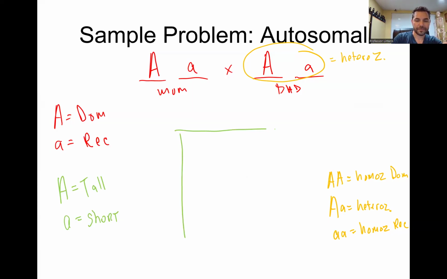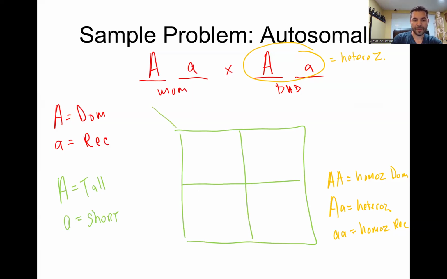So the mother would be tall. The dominant allele always makes a protein, thus she's making a protein and she will be tall. The father is also tall. However, both of them are carrying a recessive allele.